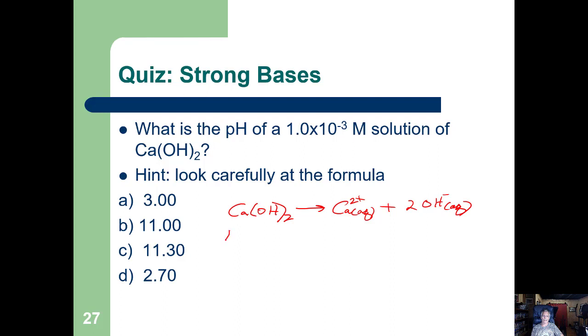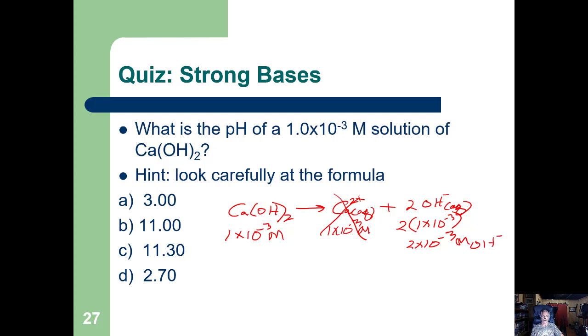So if this is 1 times 10 to the minus 3 molar, then this will be 1 times 10 to the minus 3 molar, but we're not concerned with it because that's not changing the pH of our solution, but this is. And we've got 2 of them, so that's going to be 2 times 1 times 10 to the minus 3 molar. And that's going to give us 2 times 10 to the minus 3 molar in hydroxide.